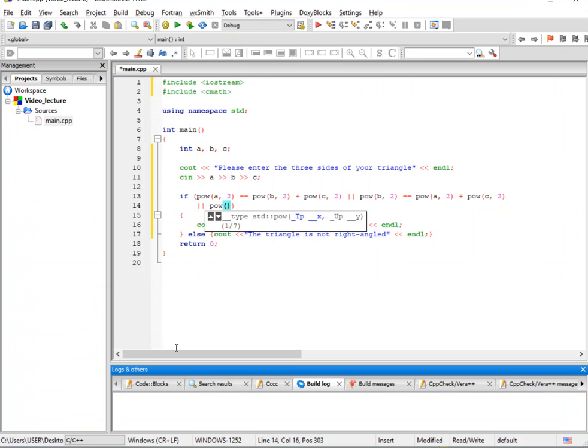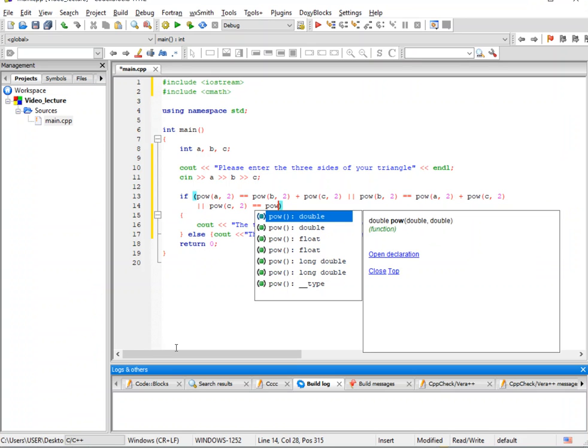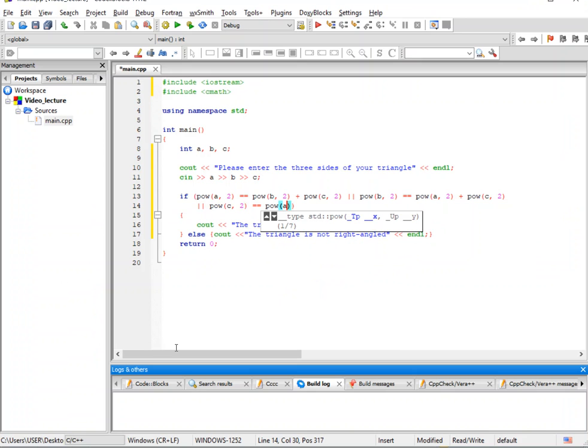If power C squared is the same as what? A squared plus power B, B squared. So if any of this is valid, then the triangle is a right angled triangle.